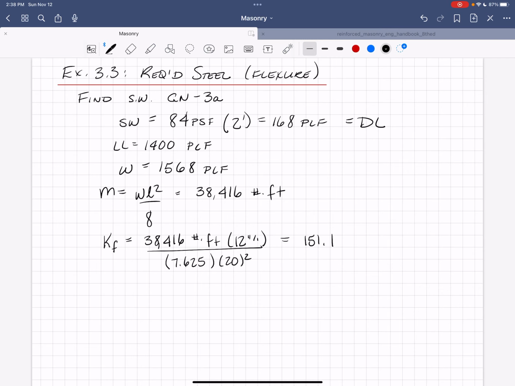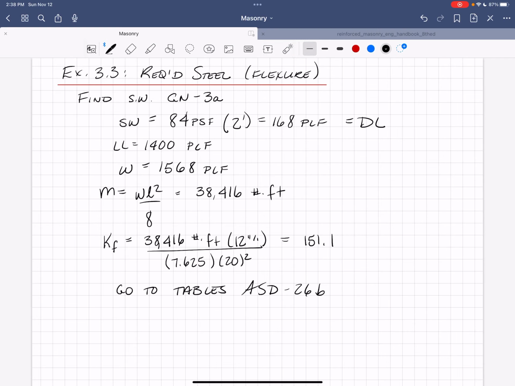So we'll go look at our tables. The tables that are going to work here are in the ASD tables. This is going to be 26B.